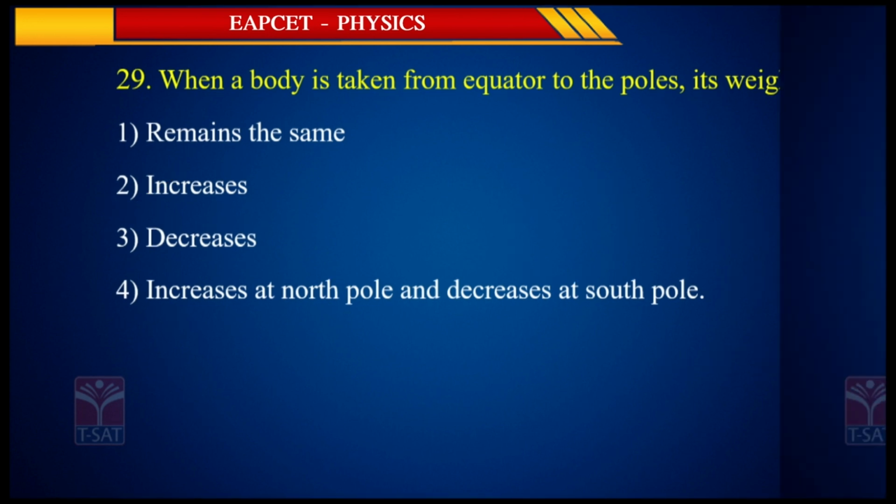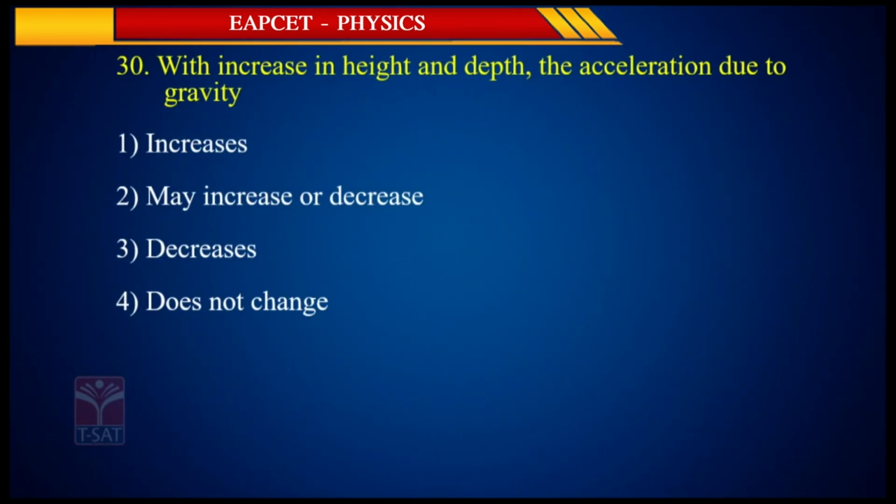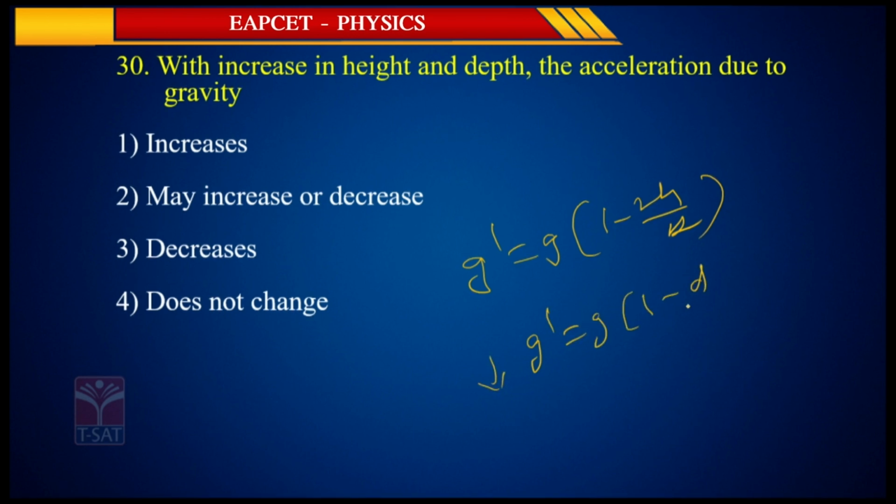And next, with increasing height and depth, the acceleration due to gravity value, whether you go up from the earth or go inside the earth, the acceleration due to gravity value decreases. We saw g dash is equal to g into 1 minus 2h by r, or, when going to a depth, g dash is equal to g into 1 minus d by r.